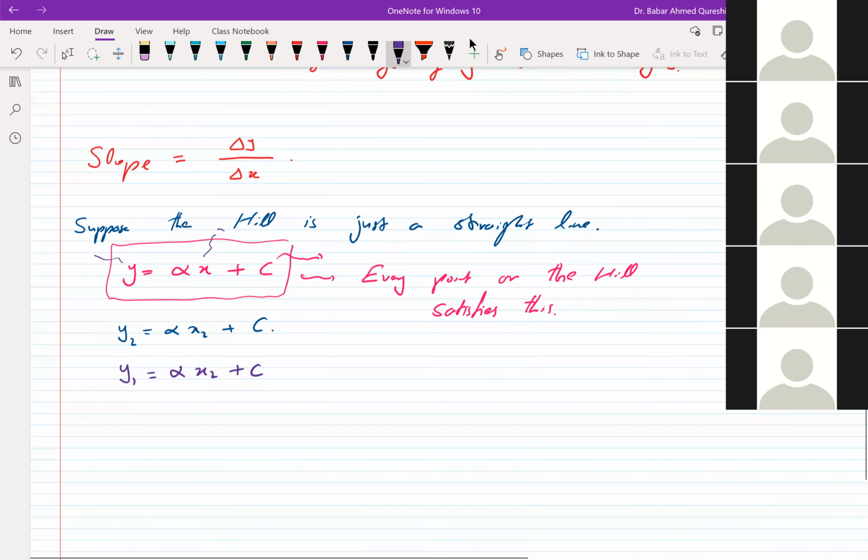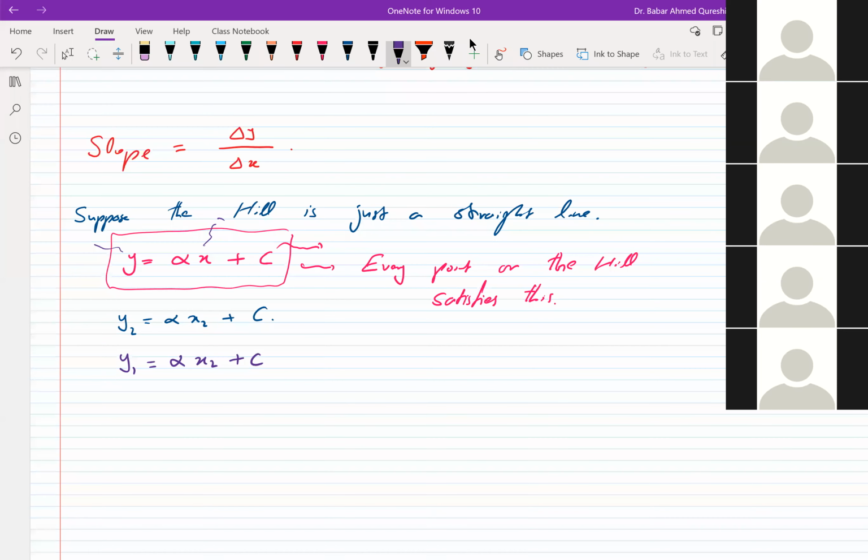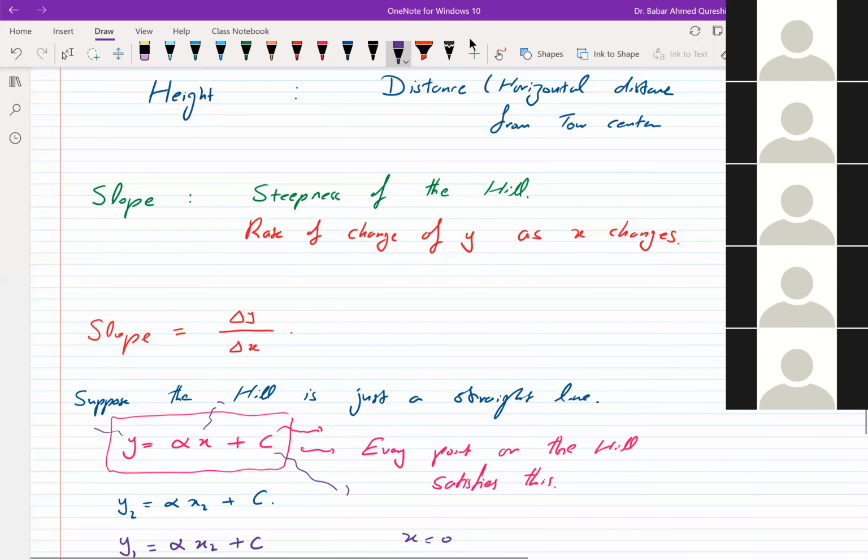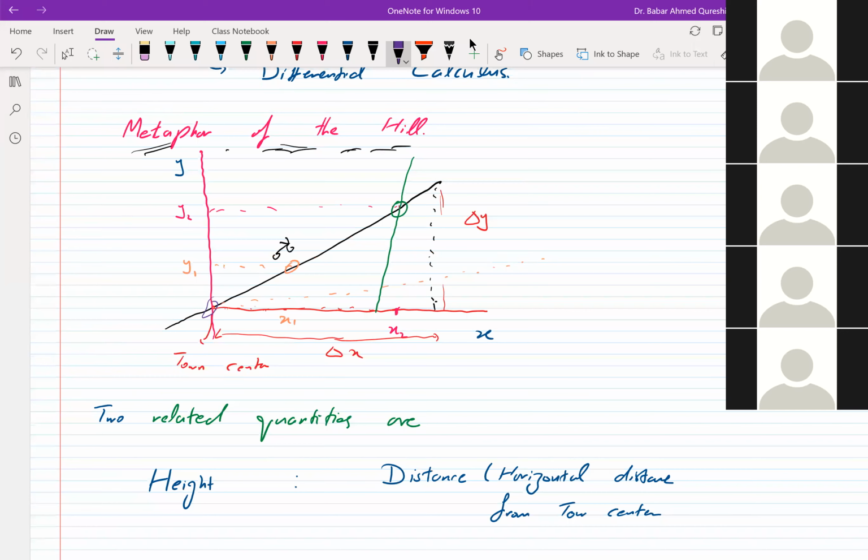Now, the c is very easy to interpret. What is c? If I put x is equal to 0 over here, it has a certain value for y. For this hill which I drew, the value for y is 0, but it could be something else.